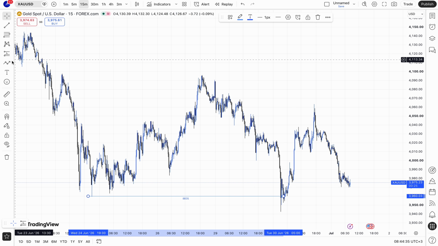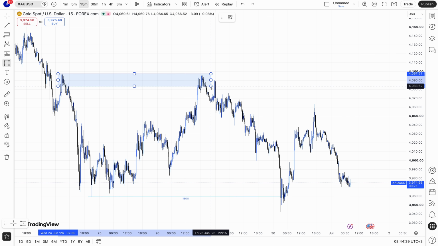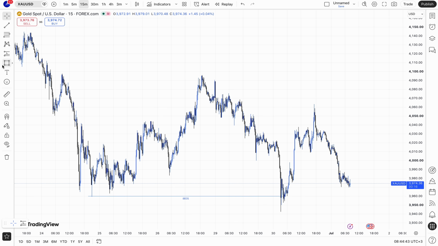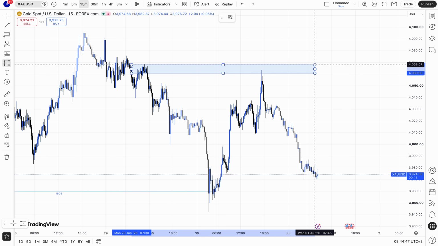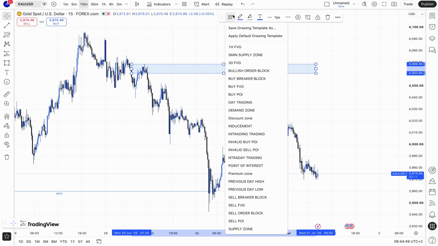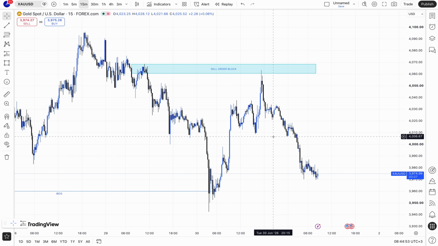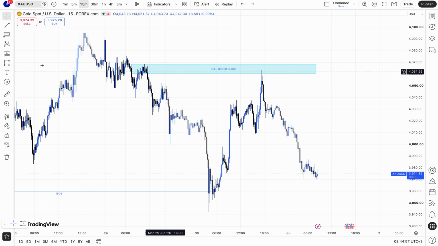Continuation from here. After having this as our supply zone, it was here, you can understand if you remember. Then you also had our supply zone, which was here, which was a clean entry confirmation. You can see liquidity was swept from here, liquidity swept from here.